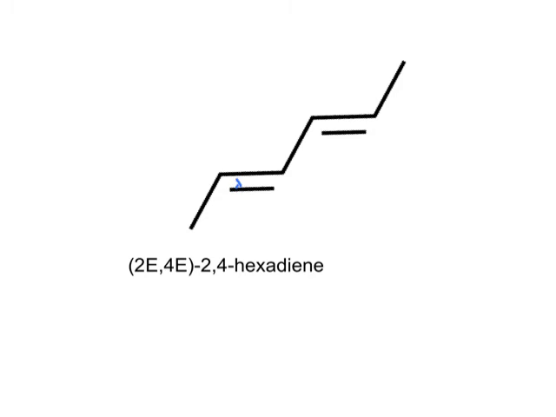Because this is a hexane molecule with two double bonds, so it's hexadiene. So I have (2E,4E)-2,4-hexadiene. So I've told you where both double bonds are, but using the numbers, I'm also indicating the configuration about those two double bonds.